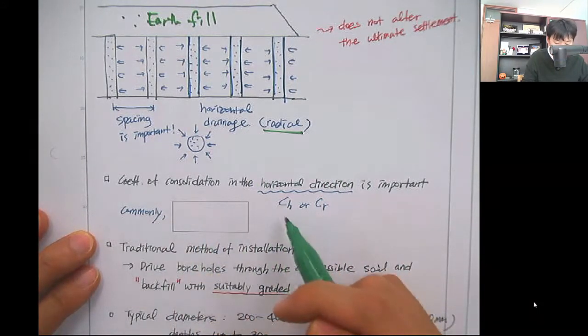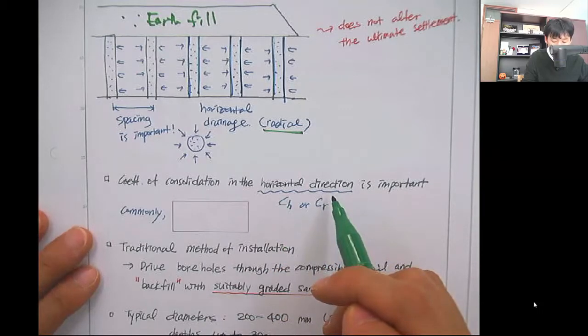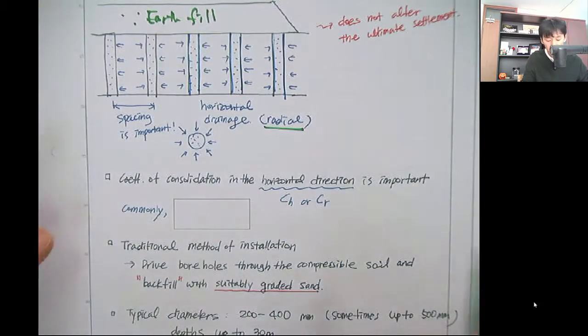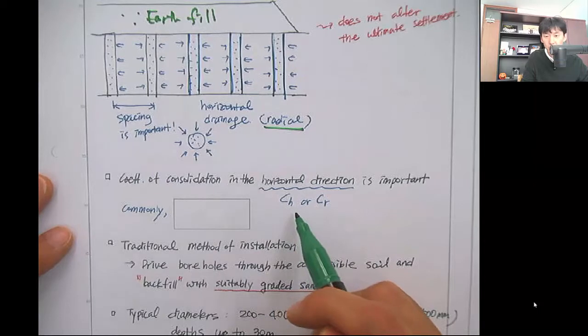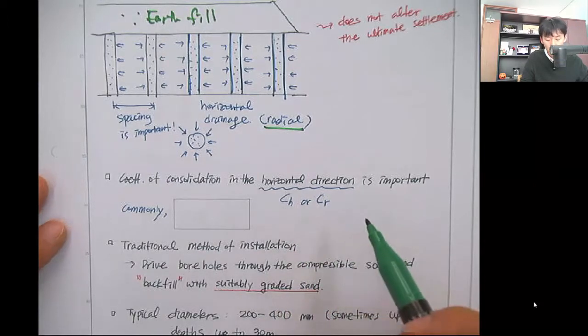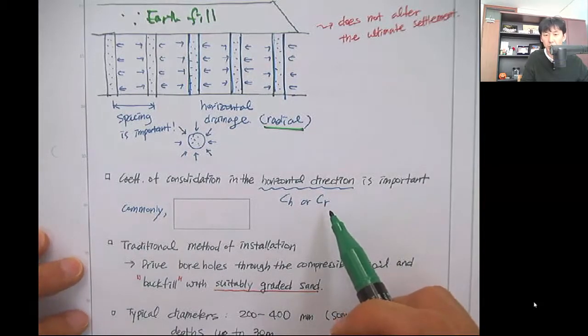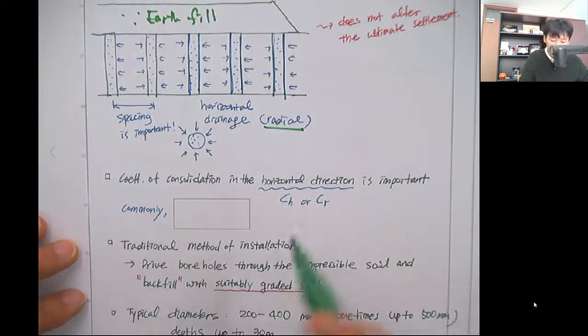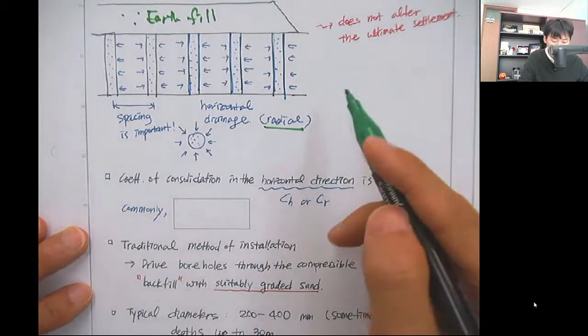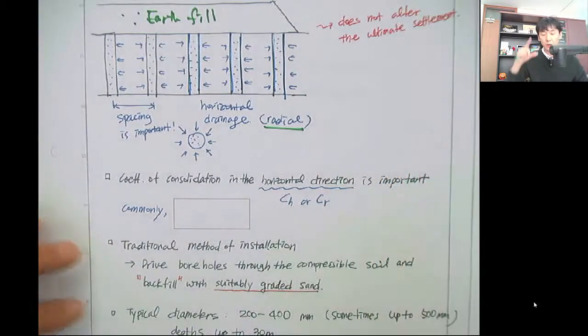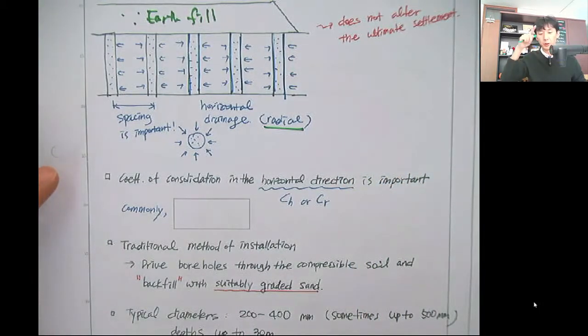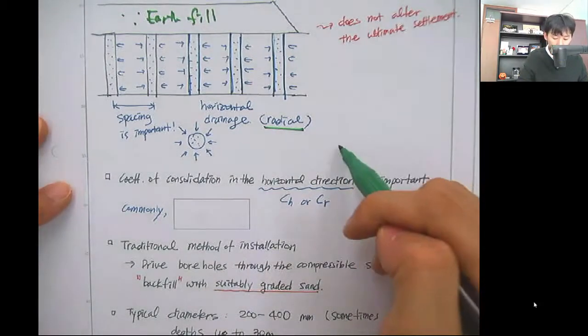Commonly in the horizontal direction we use C sub H, or if you think of it as a radial direction, then C sub R can also be used. And C sub V is the coefficient of consolidation for only the vertical drainage.